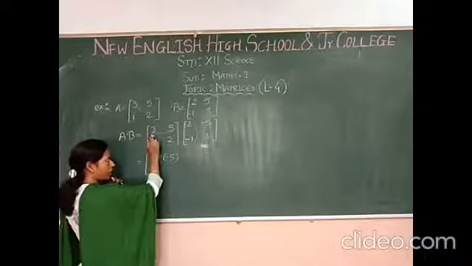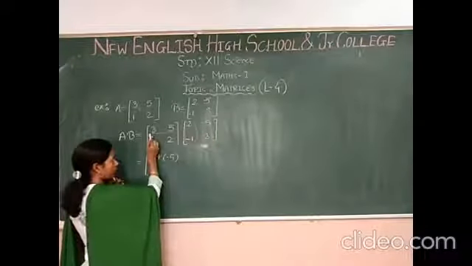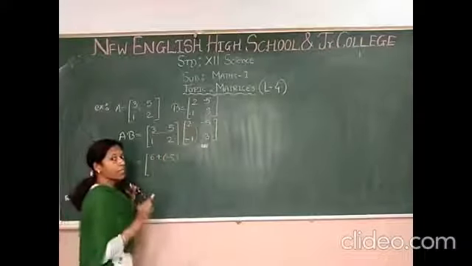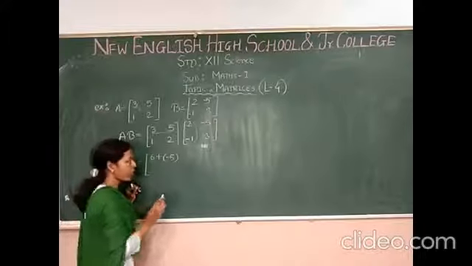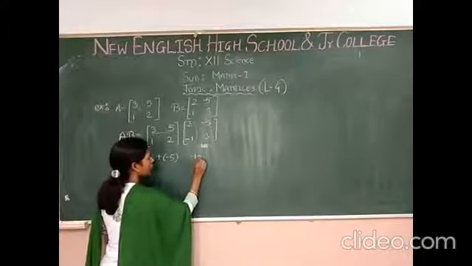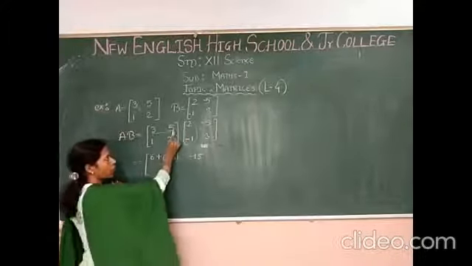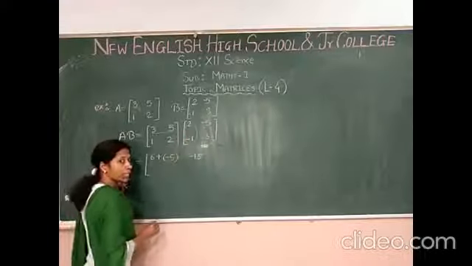Now the same first row with the second column of the second matrix. 3 into minus 5, that is minus 15, plus 5 into 3, that is 15.